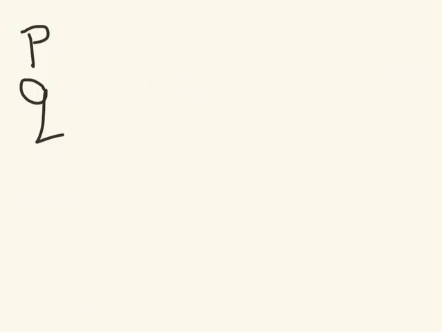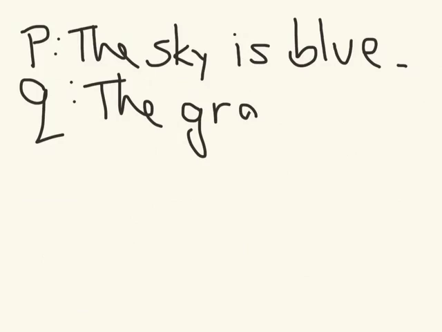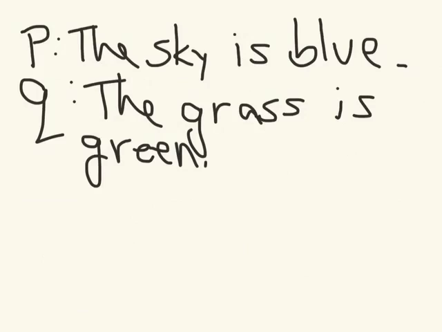They're simple statements usually. So P will be, for instance, the sky is blue. Then Q represents the grass is green. This is where I point out I'm just making up these examples.